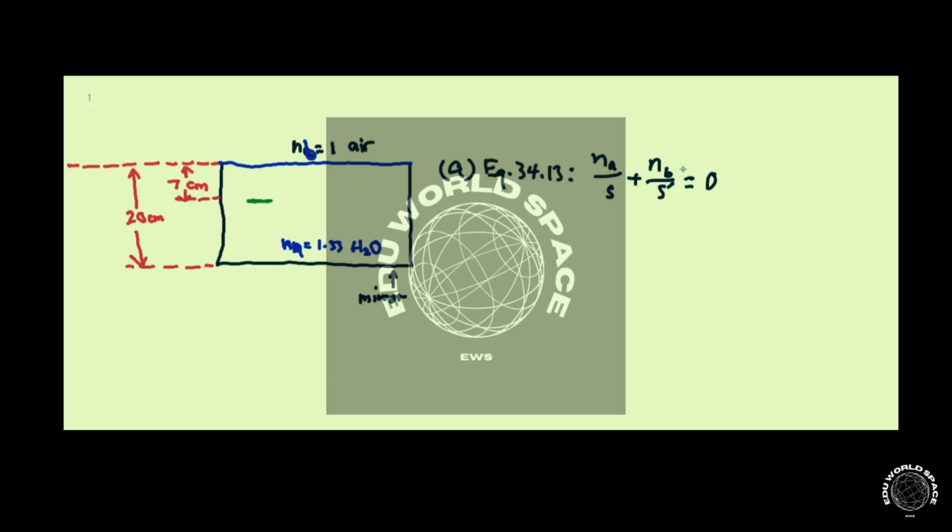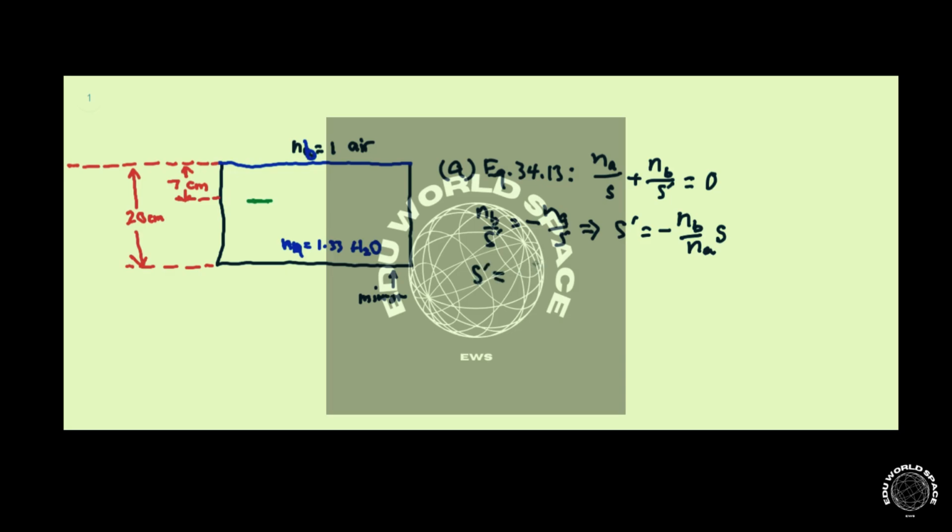So the idea is to find S prime, and we can just rearrange this equation a little bit, where we now have NB over S prime is equal to minus NA over S. And if you do a little bit of shuffling around, you'll find that S prime is equal to minus NB over NA times S. And we're given NB, we're given NA, and we're given S. So it's just a matter of plugging in the numbers.